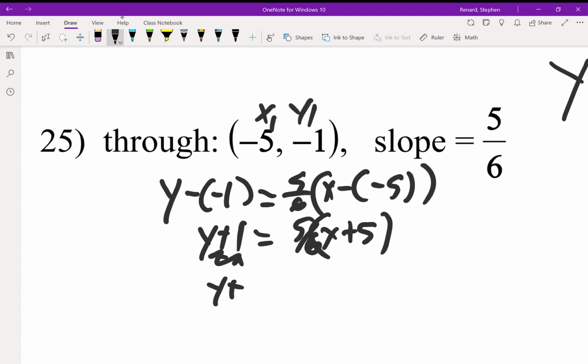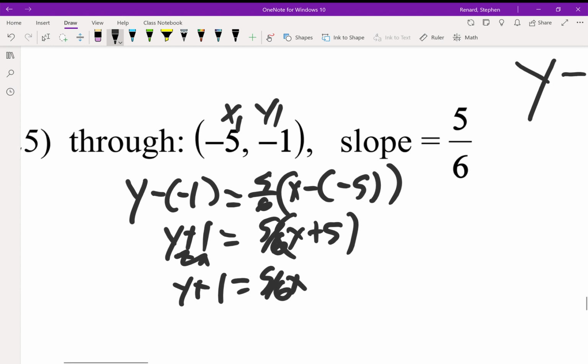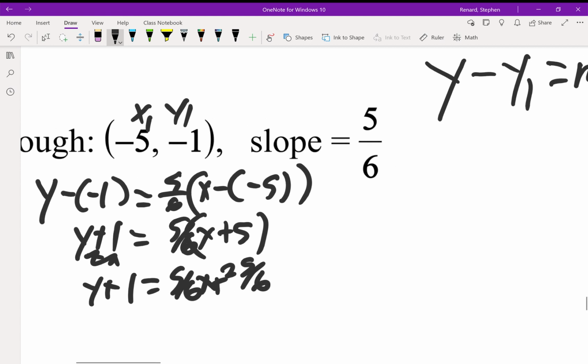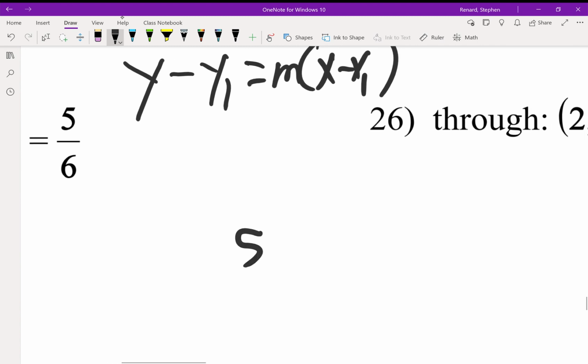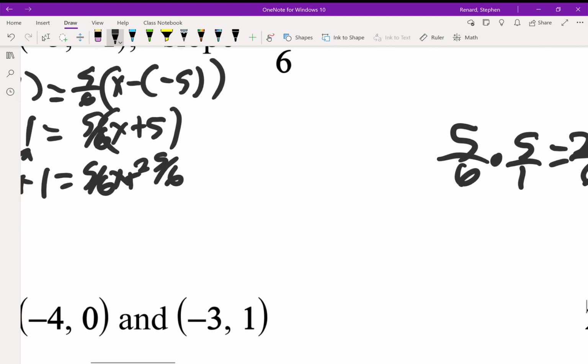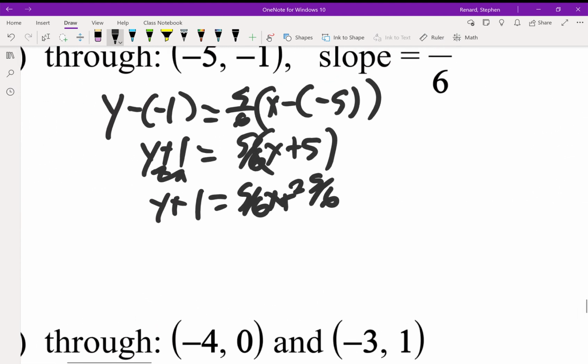We're going to keep y plus 1 equals, and then we go 5/6x, and then we're multiplying it, and we get 25/6. Because if I go 5/6 times 5, that turns into 5/1. We multiply the top, we multiply the bottom, and that's where 25/6 comes from.